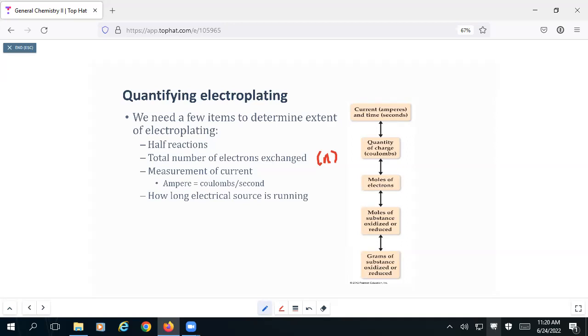Current times time, so amps times seconds, would give you the quantity of charge Q. And moles of electrons to quantity of charge, well, that's the Faraday constant.